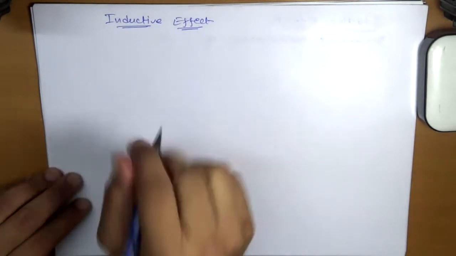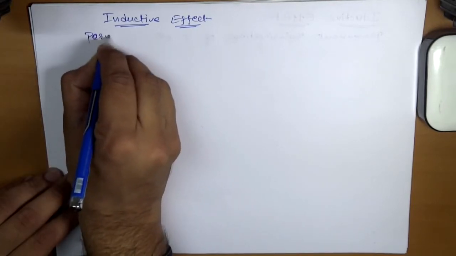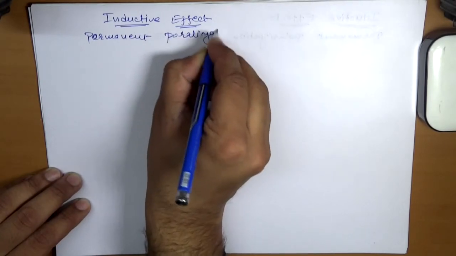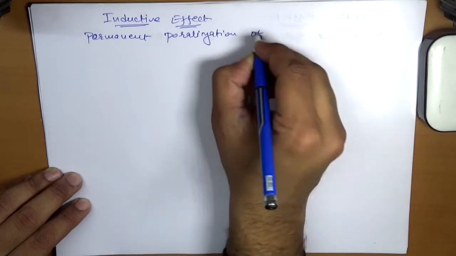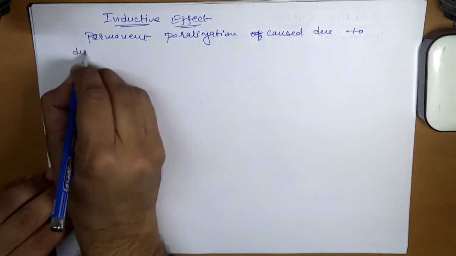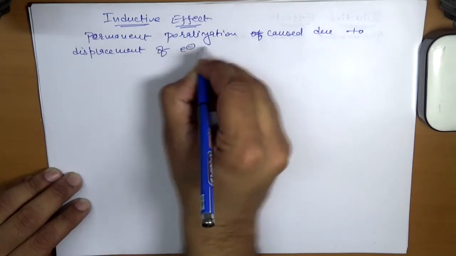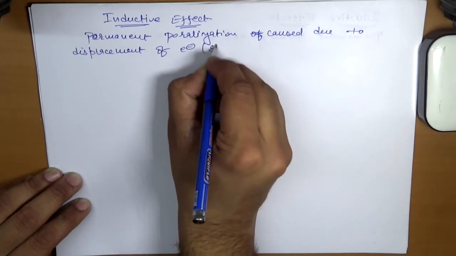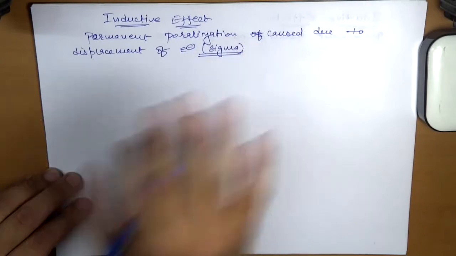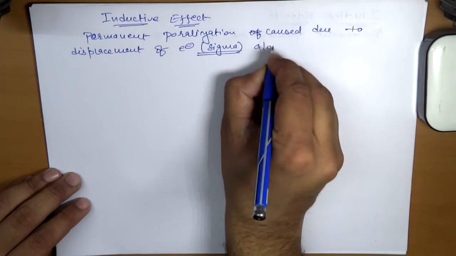According to chemistry, the definition of inductive effect is permanent polarization caused due to displacement of electrons, that is sigma. Only sigma, this is a very important part: only sigma electrons cause inductive effect. No pi bond or pi electron causes inductive effect along a carbon chain.